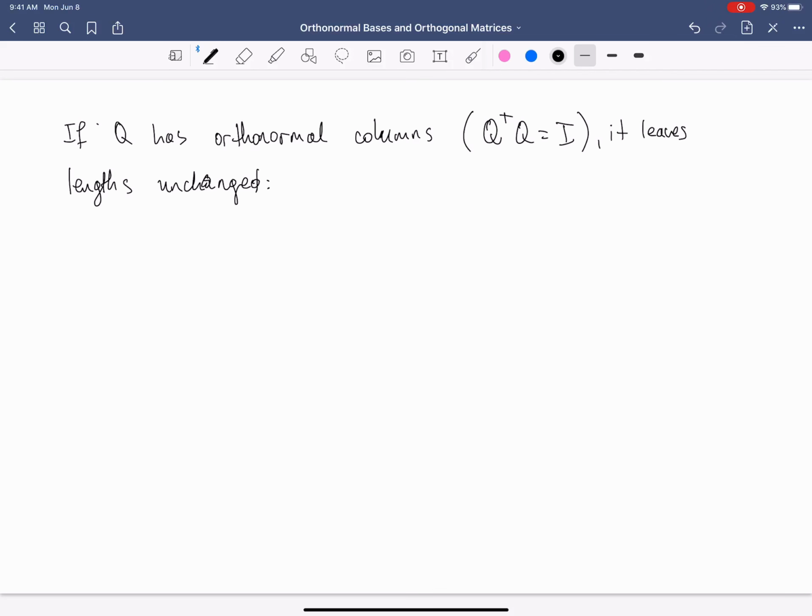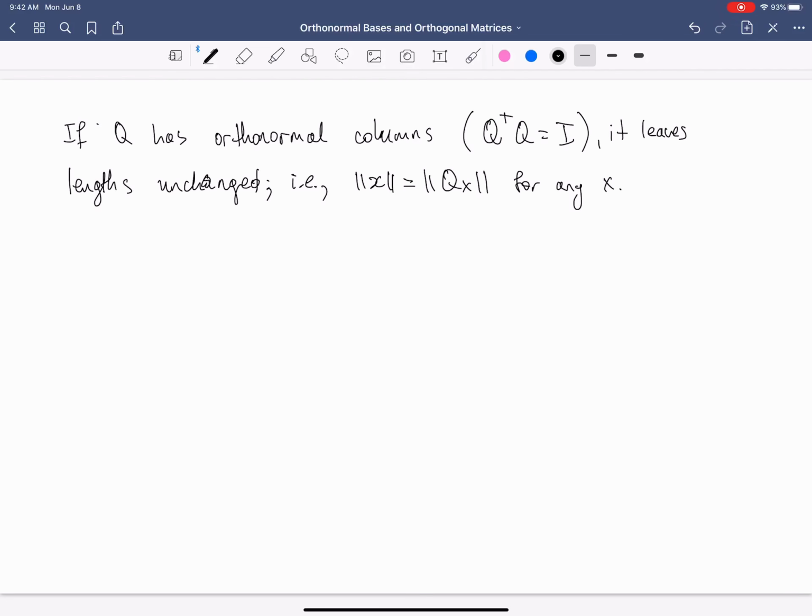So what does that mean? It means that the length of X is the length of QX for any X, and by any X, I mean any X for which we can actually multiply; the sizes need to match.